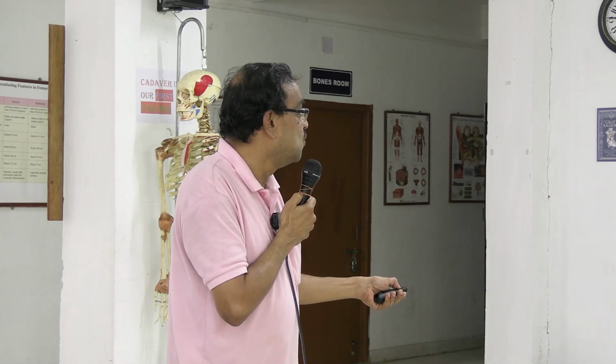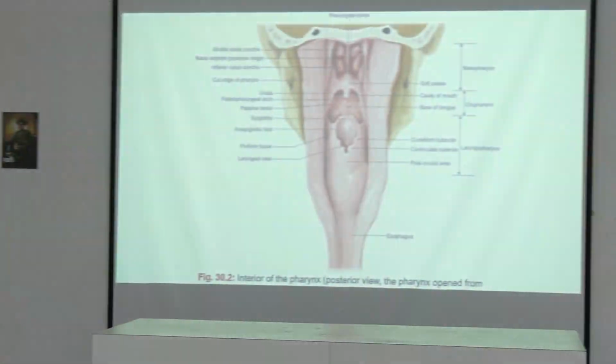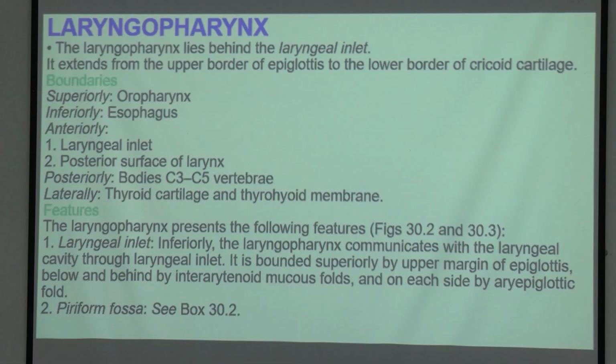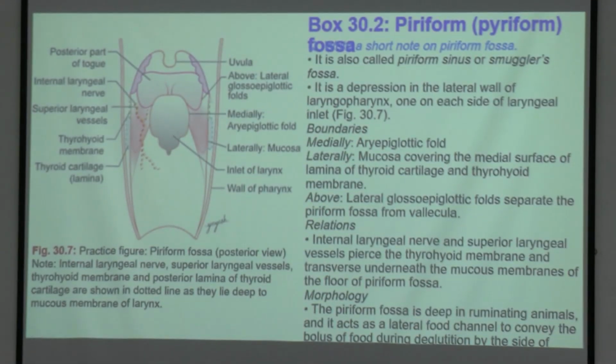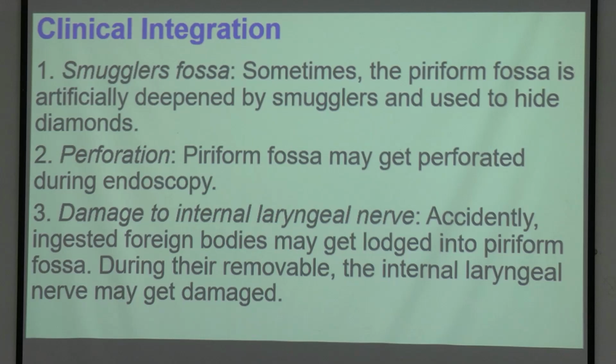So during the operative procedure or the daycare procedure by which we take out the fish bone from this area, we should be very cautious, because we may damage this nerve, which is called the internal laryngeal nerve. Perforation, damage, internal laryngeal nerve.